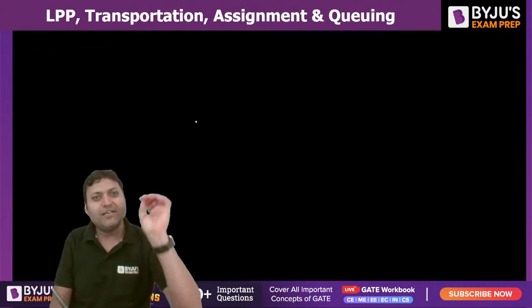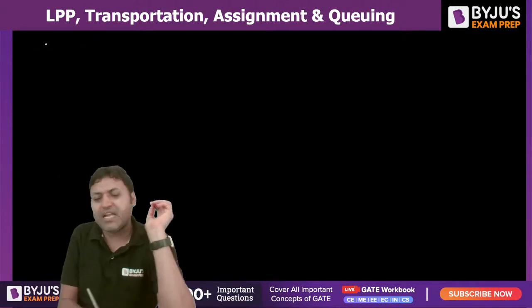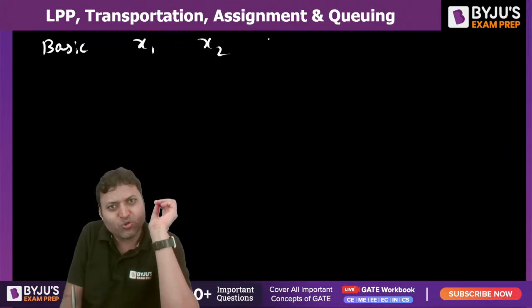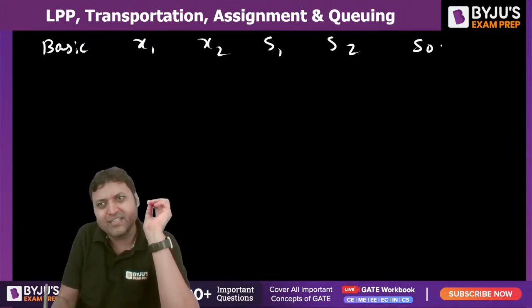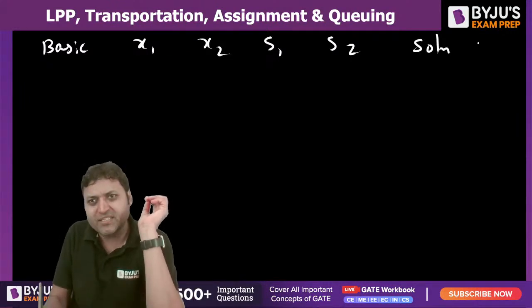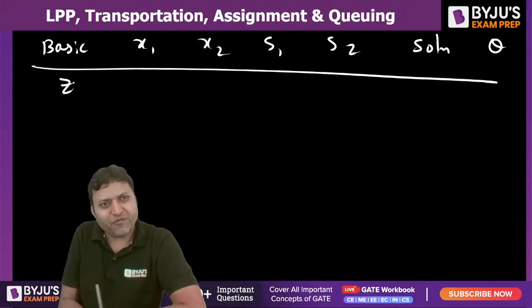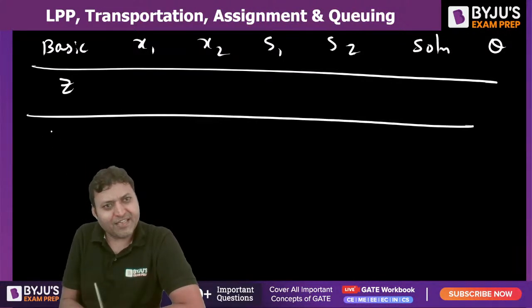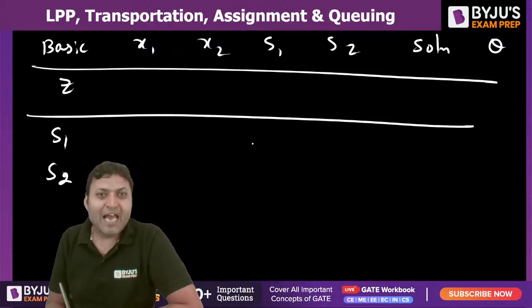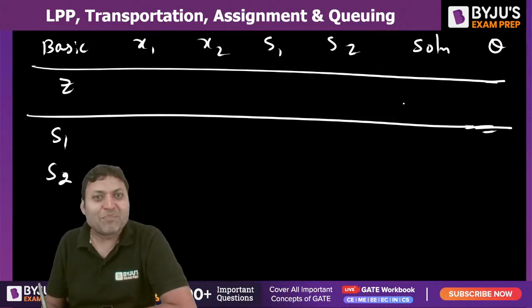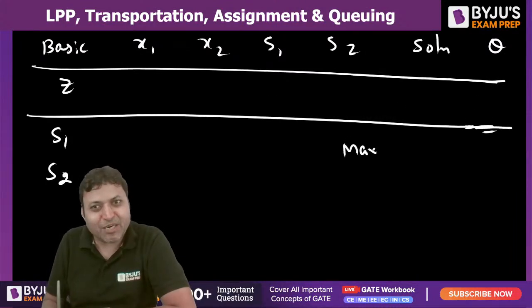In the simplex method, this is how the table will be drawn. Basic, then x1, x2, s1, s2, etc. Then there will be a solution space and then theta. Here there will be the Z-row coefficients and here the basic variables, let us say s1 and s2. Now, how do we find the optimum solution for a maximization problem?